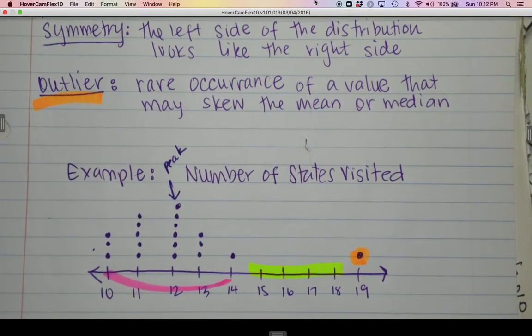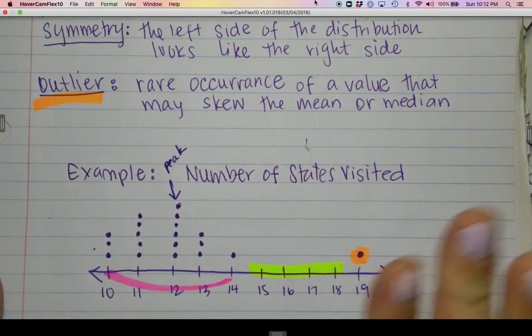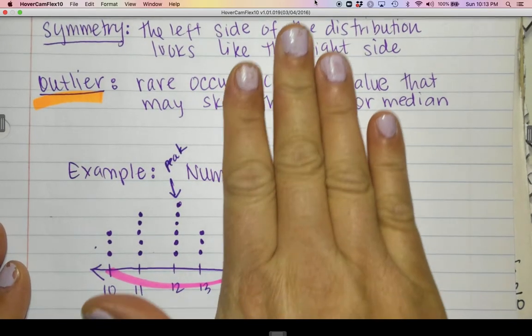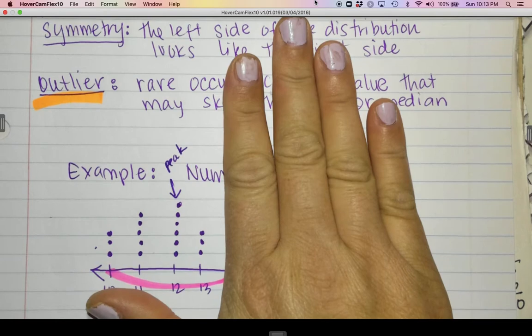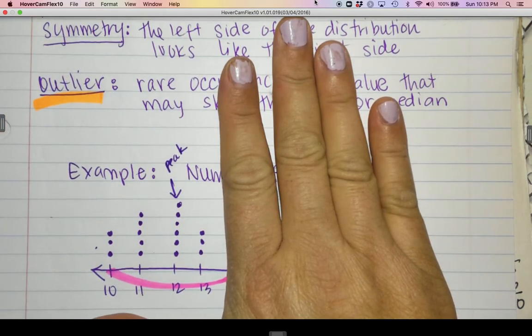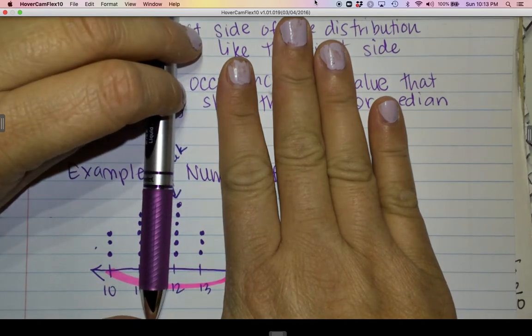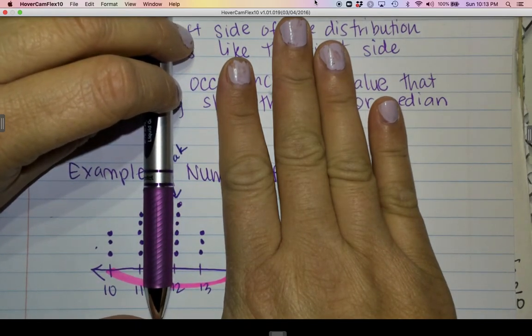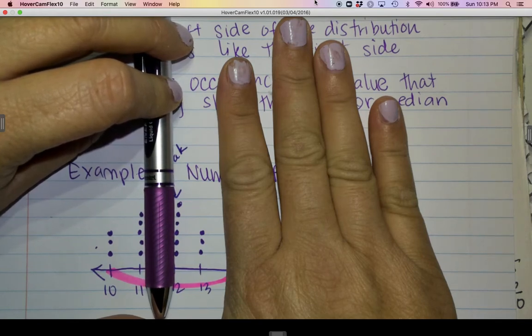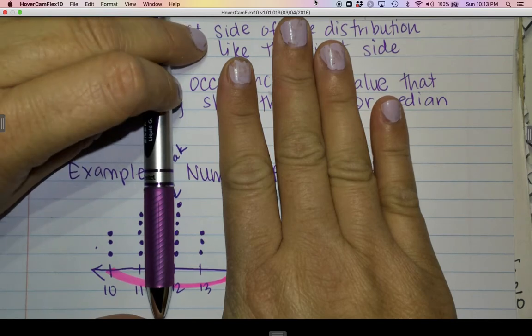If this plot here did not include 14 and 19, this set right here would almost be symmetrical because the middle of it would be right here where my pen is, and it almost is symmetrical, meaning it looks very much the same on both sides of the pen.